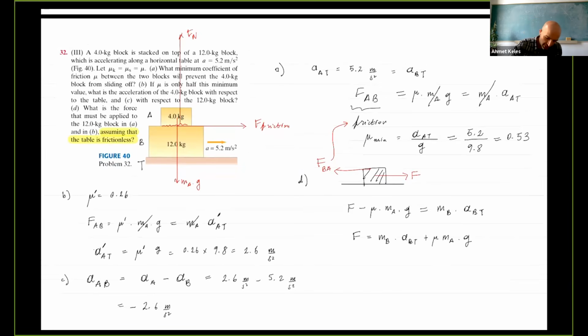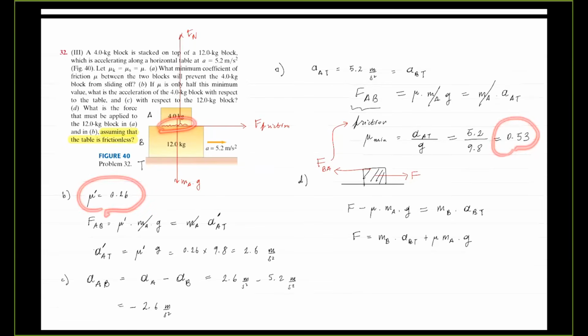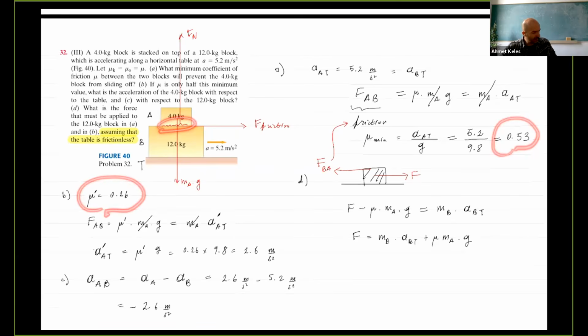So in both of them the table is frictionless, but the difference between A and B is that in one case the friction coefficient is 0.53, and in the other case the friction coefficient is 0.26. Okay, I understand now. Yeah, this is a little bit not a good statement, right? I think it sounds like maybe I should take the friction. That's a good point. So maybe I can put these numbers in and calculate.